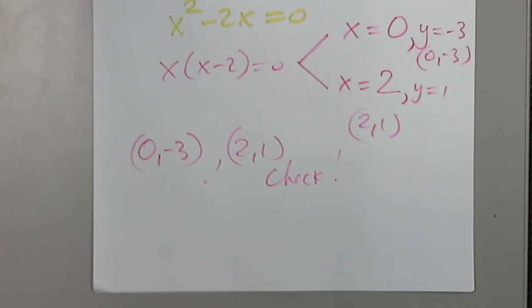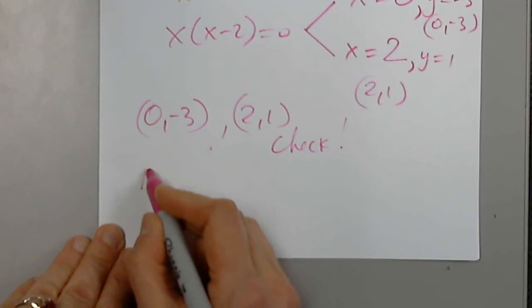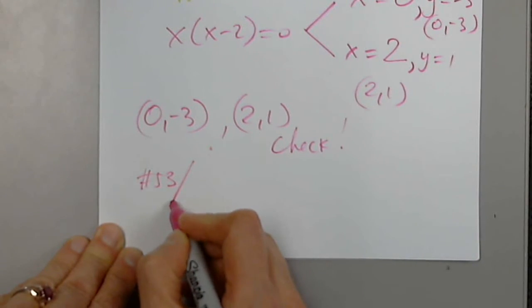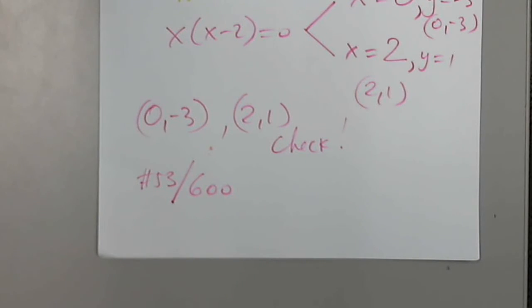Okay, systems of nonlinear inequalities. Okay, let's look at 53. Any questions for me? 53 on page 600. Okay.